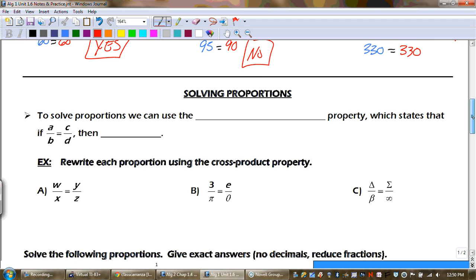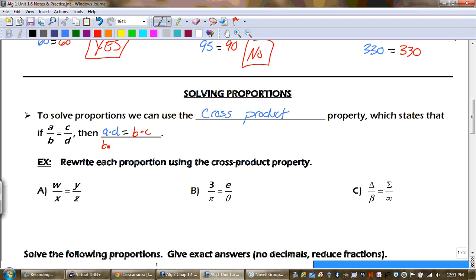Now, solving proportions. To solve proportions, we can use the cross product property, which states that if A over B equals C over D, well, the cross product would mean that A times D equals B times C, okay?